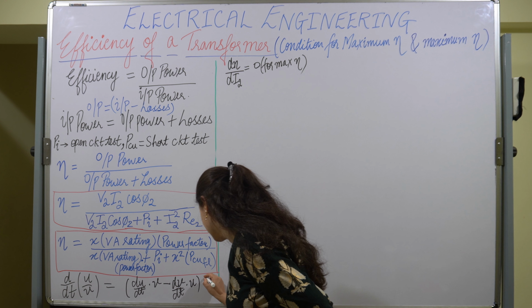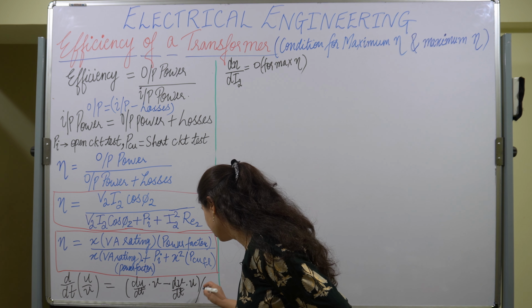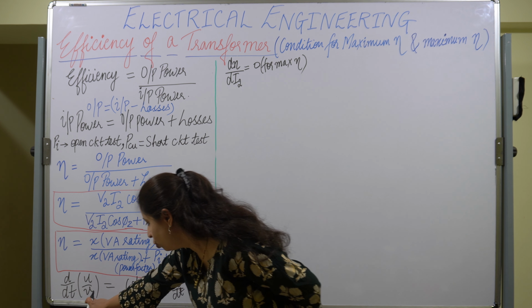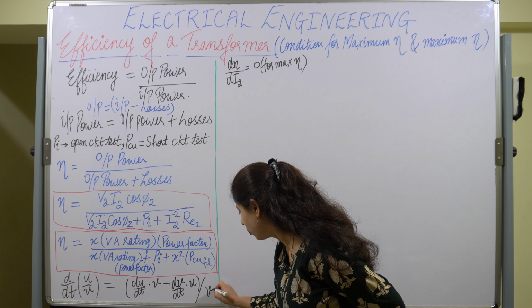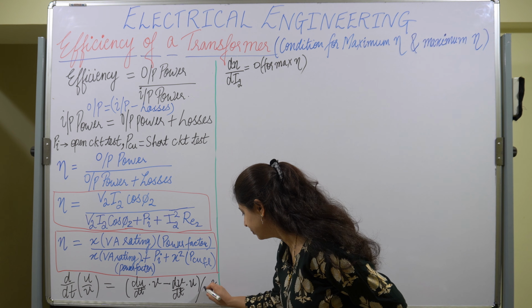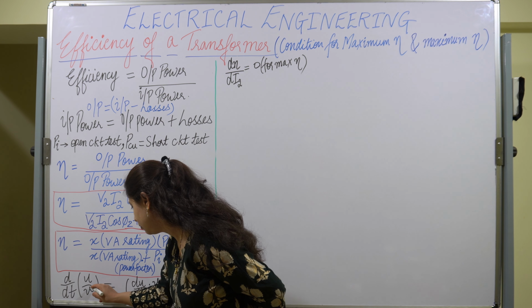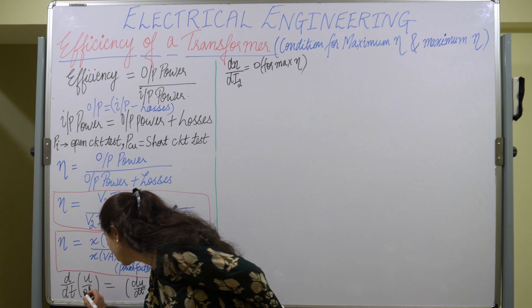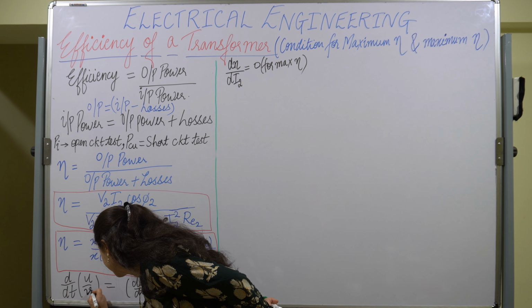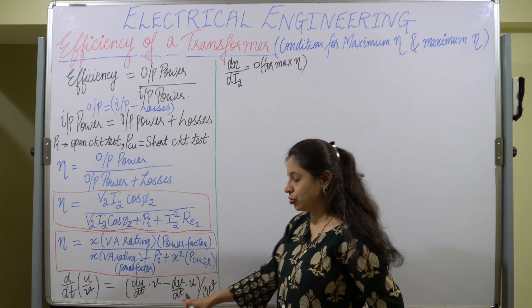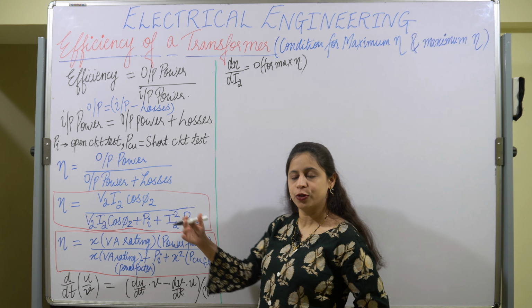In the denominator we do the squaring, so it will be V square.